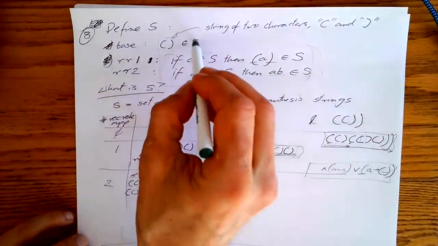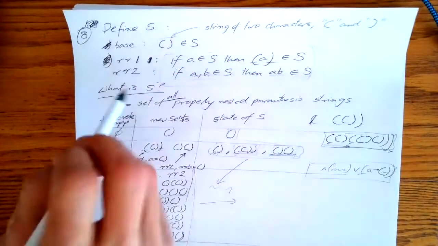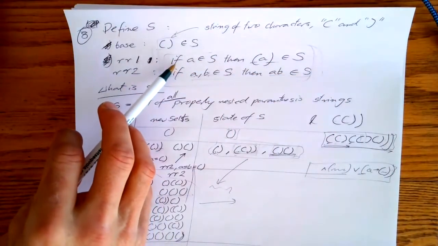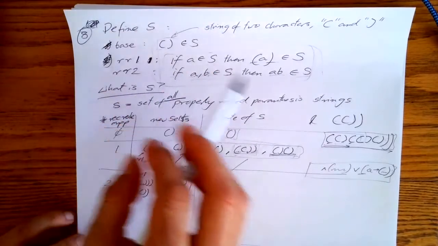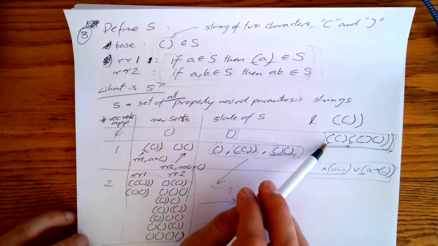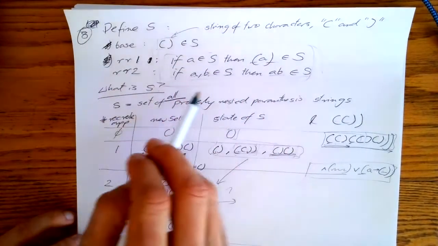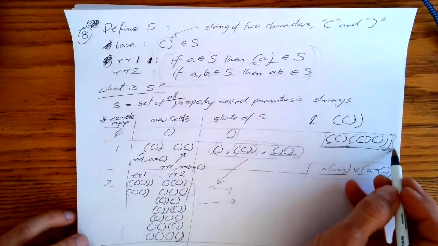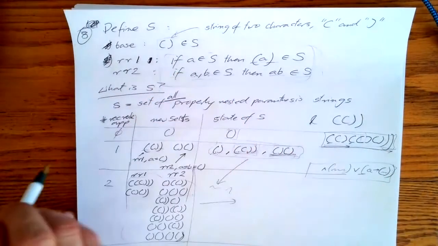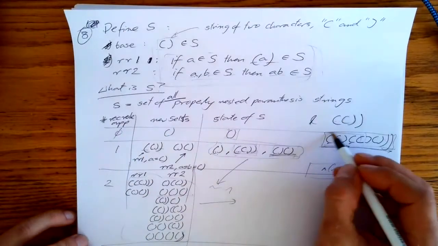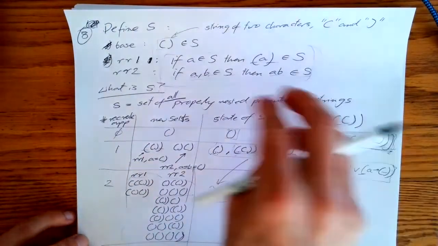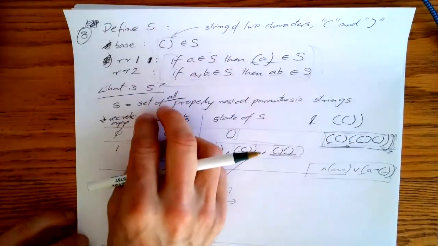But another way to look at recursive definitions is that they can be used not to generate something, but to recognize something. So how do I use these rules to test whether a given string is a properly formed parenthesis expression? I take the string and I recurse sort of backward.